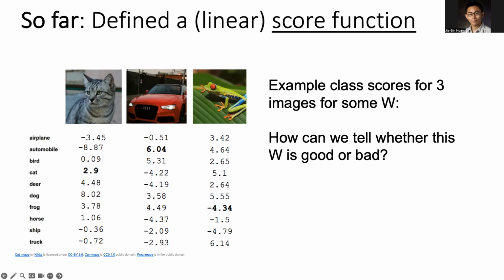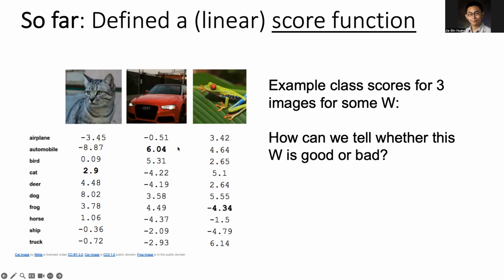The way to find a good W is that we need a way to tell whether a W is good or bad. The key idea is that we have some data, we run the current W, and it gives us scores. Some of them are already good.